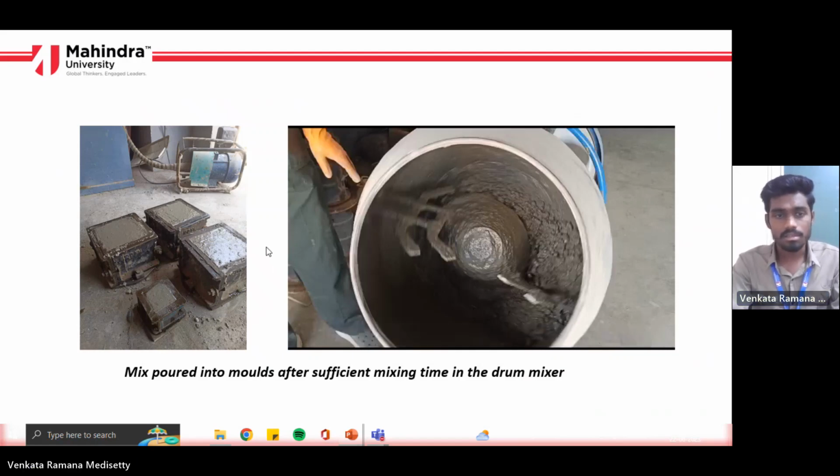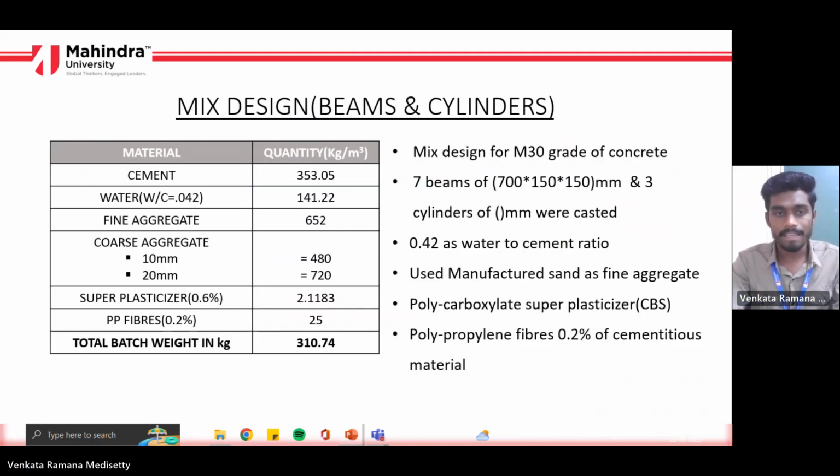And then these are a few pictures and video of how casting was done in a drum mixer and put in molds. And then coming to the original mix, I went for casting of 7 beams and 3 cylinders. And again, showing the mix design, mix proportions, and total batch weight for 7 beams overall.